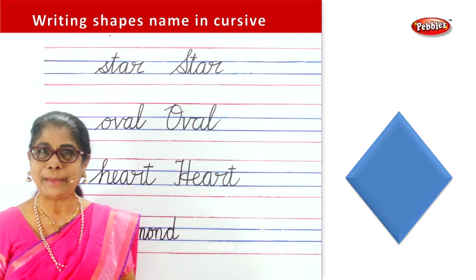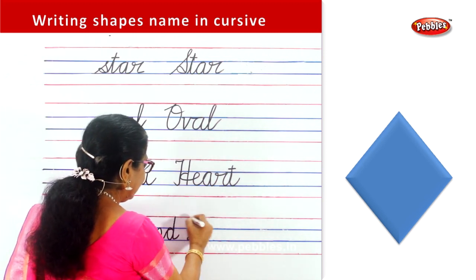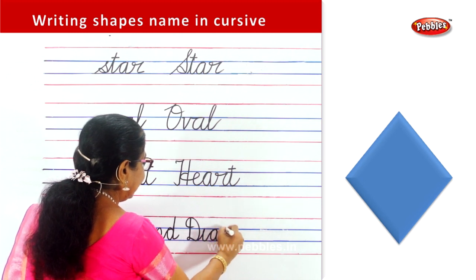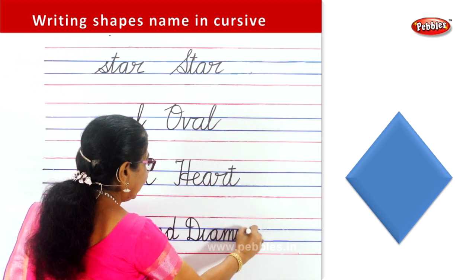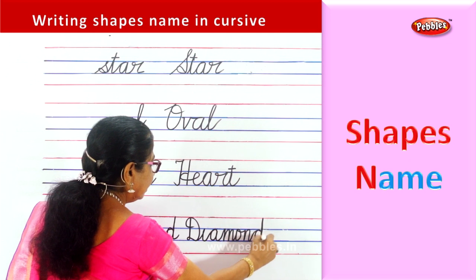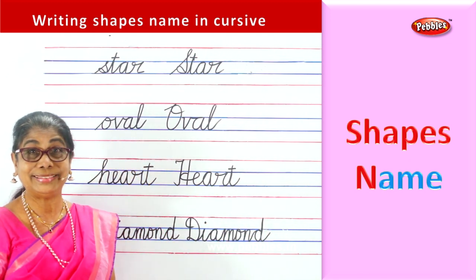Let's write the D capital. D, I, A, M, O, N, D. Diamond. Look at the four shapes you've done.